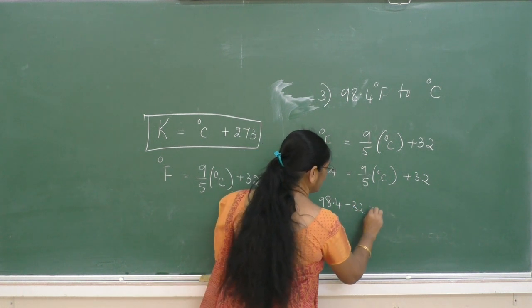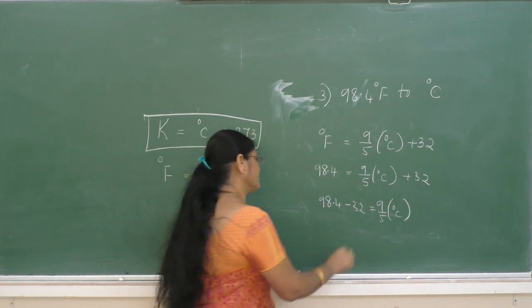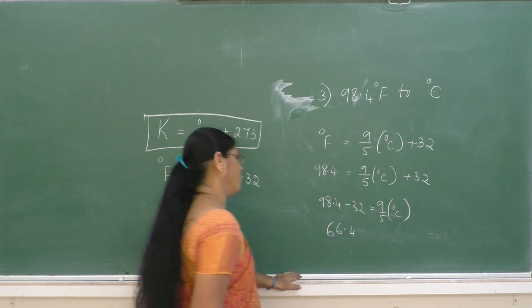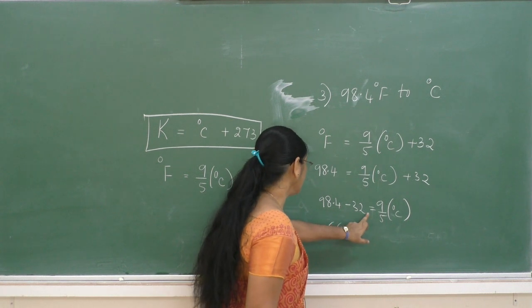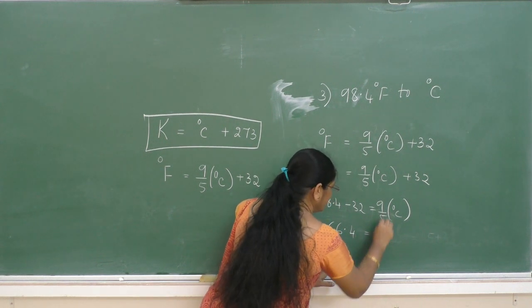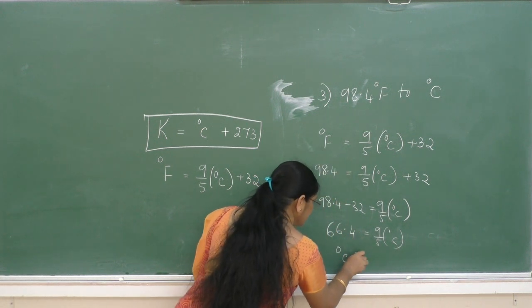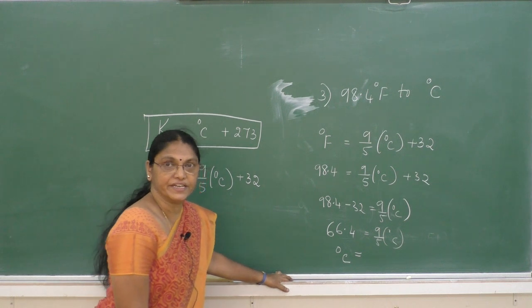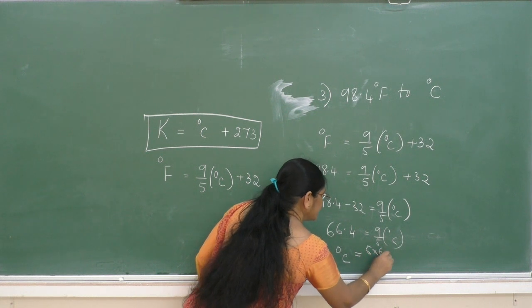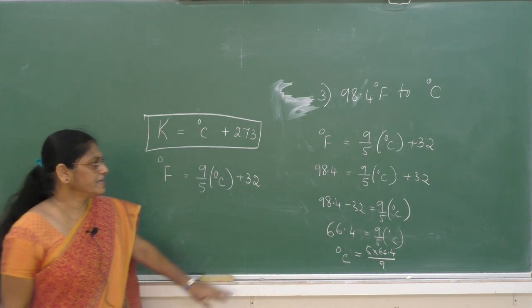98.4 minus 32 is equal to 9 by 5 of degree Celsius. 98.4 minus 32 is equal to 66.4. So 66.4 is equal to 9 by 5 of degree Celsius, or degree Celsius is equal to 5 into 66.4 divided by 9.